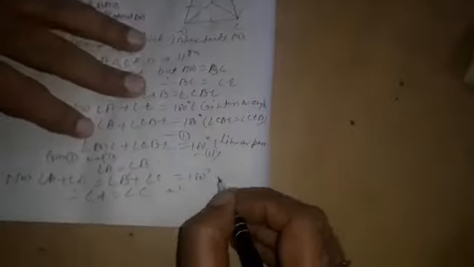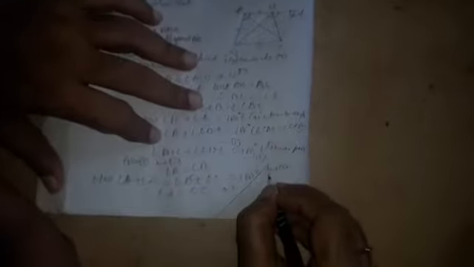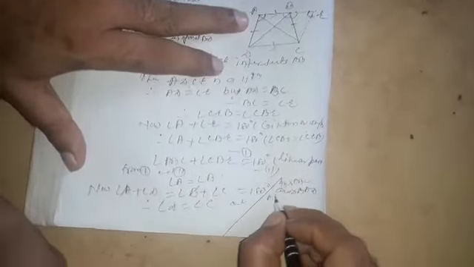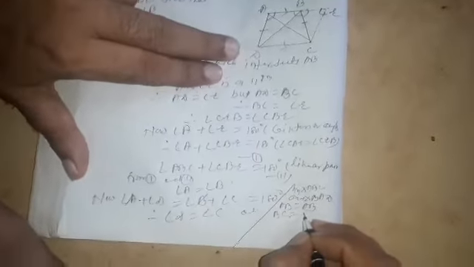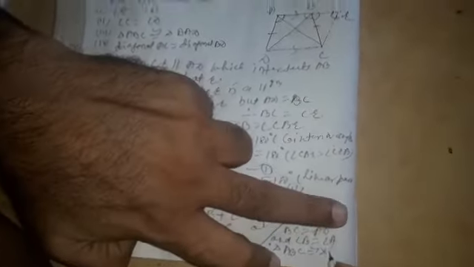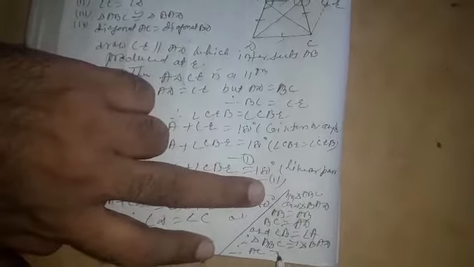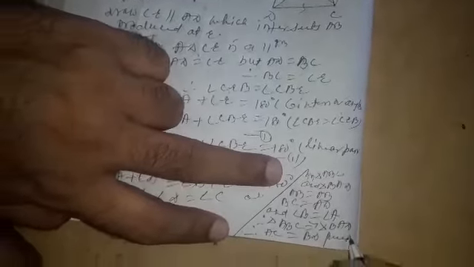So in triangle ABC and triangle BAD, AB is equal to AB, BC is equal to AD, and angle B is equal to angle A. Therefore triangle ABC is congruent to triangle BAD. Therefore diagonal AC is equal to diagonal BD, proved. Thank you children.